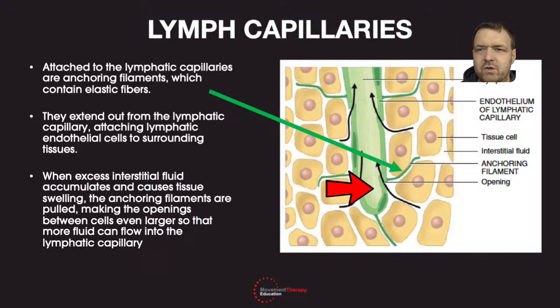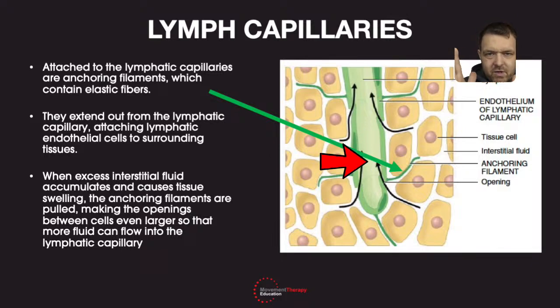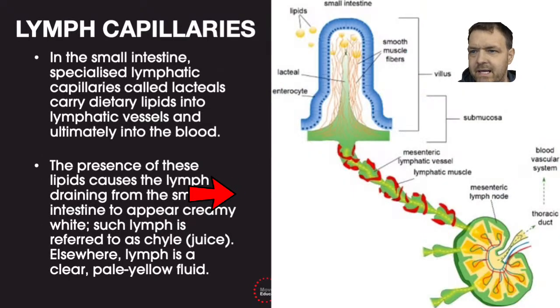If you imagine all around this area is full of fluid and this has nothing in it, then the fluid will merge into the lymphatic capillary, and as that fills, it pushes out against the inside walls, which closes up those walls, and then when you move, it will push the lymphatic fluid around. So very similar to the vein network in that respect.